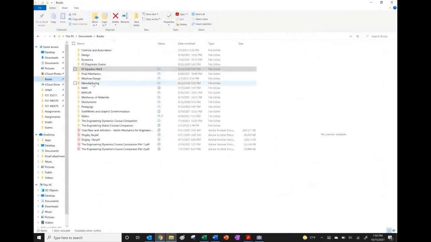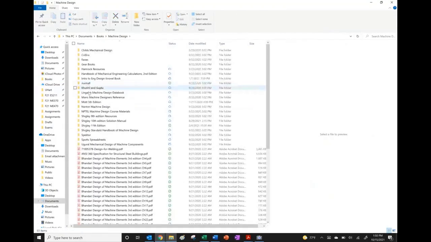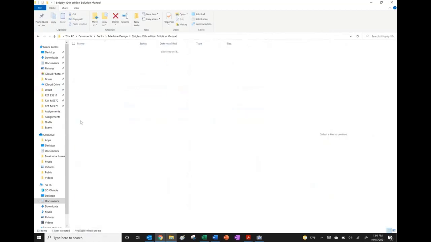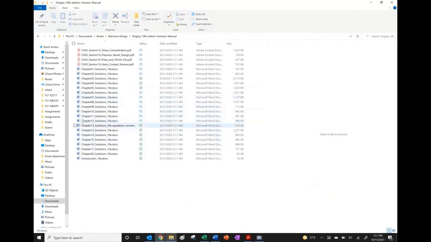All right. This is the 10th edition, I think. And machine design, Shigley, 10th edition. I think it's very weird to have the solution manual in the 10th edition as Word documents. I don't know why they do that.